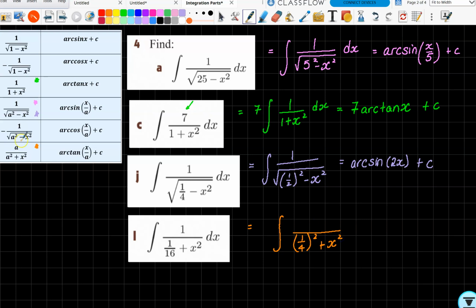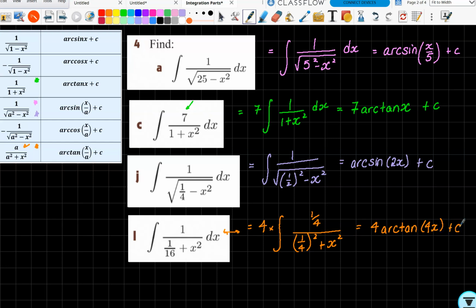But obviously we need to have the quarter upstairs, but we have a 1. So that's okay. I'm going to put the quarter there. And if I now times by 4, what's 4 times a quarter? That is 1. So these expressions equal each other. And now I can use this rule with the last one. So that becomes 4 arctan, x divided by a, my a is a quarter, so that's going to be 4x plus c.